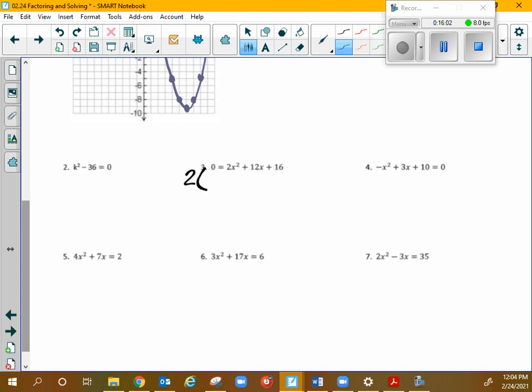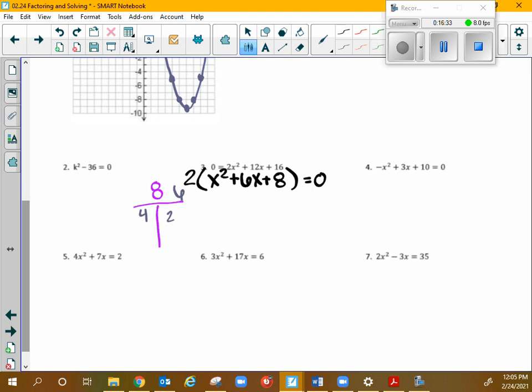Okay, what would be left after my GCF? X squared plus 6x plus 8. So now, we've just made this a little bit easier because now my A value is 1. And when the A value is 1, they go pretty fast. So A times C? 8. Factors of 8 that have a sum of what? 6. Thank you. 4 and 2.